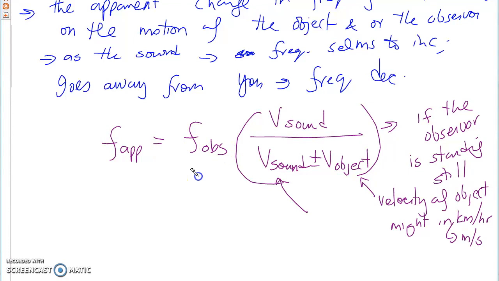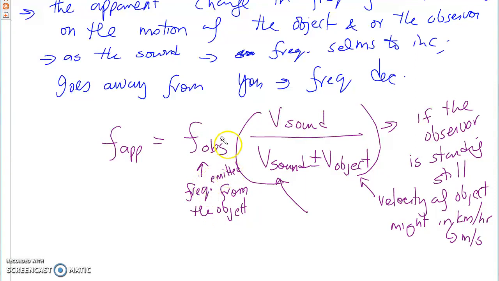And this is from the object itself. So the frequency released from the object, the frequency that is emitted from the object itself.